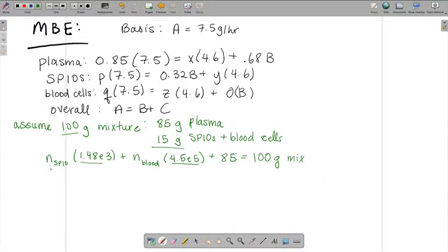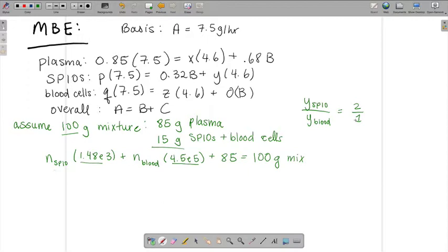Now, in order to find out how much SPIO or how much blood we have, this is where our use of our mole fraction comes in. So we know that Y of SPIO, which is our mole fraction, over the Y of blood is 2 to 1.